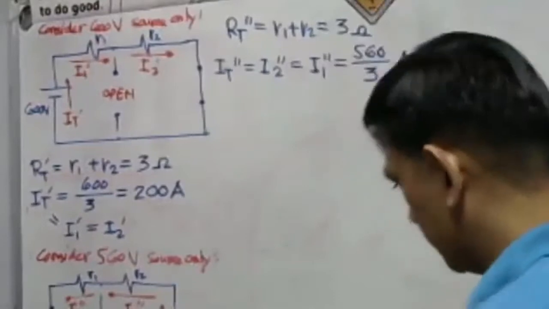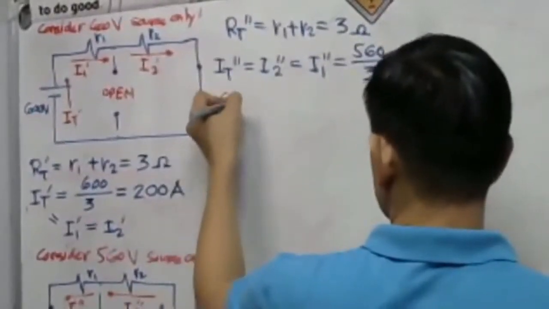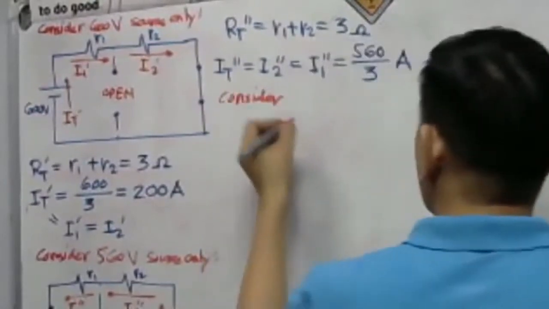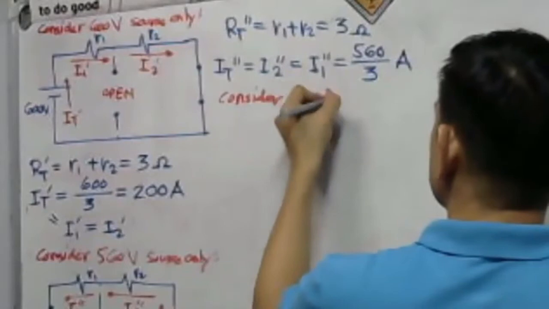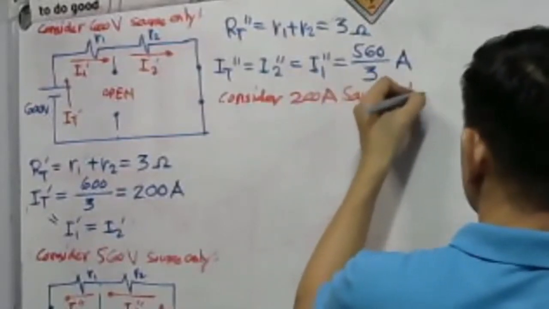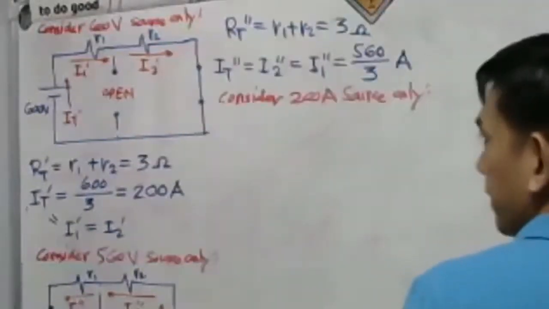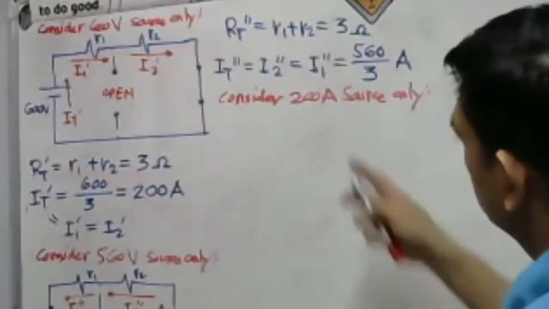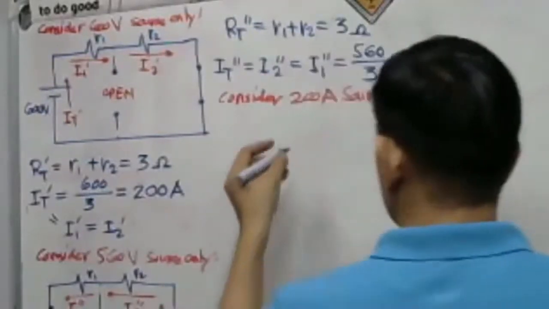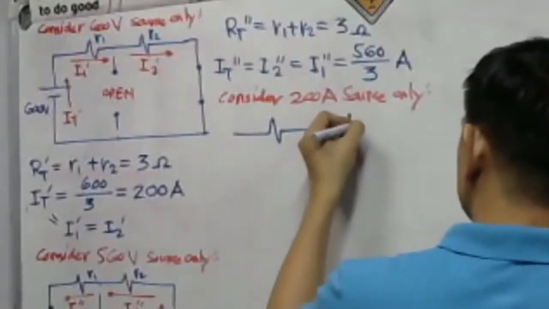Now, let us consider the 200 ampere source only. For the 200 ampere source, of course, we will short-circuit the two voltage sources.